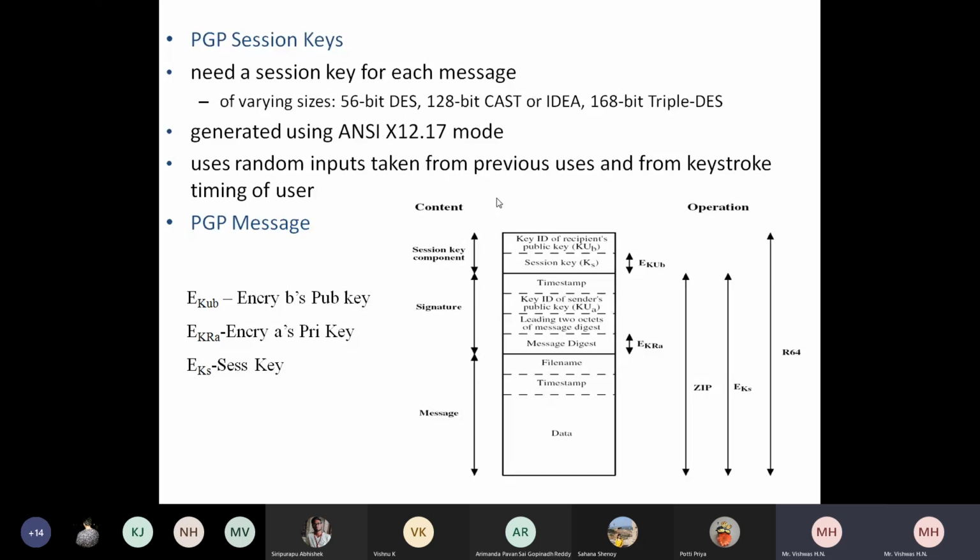Second point, keeping passphrases and private keys completely secure. Very important thing. Keeping passphrases and private keys completely secure. Please make a note of this.